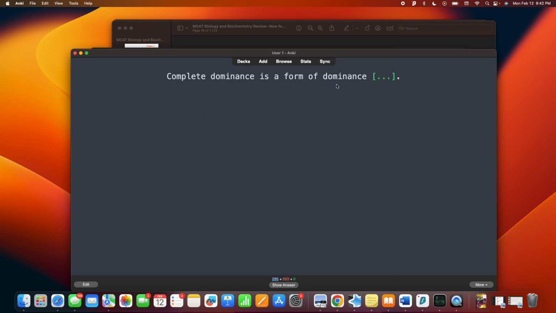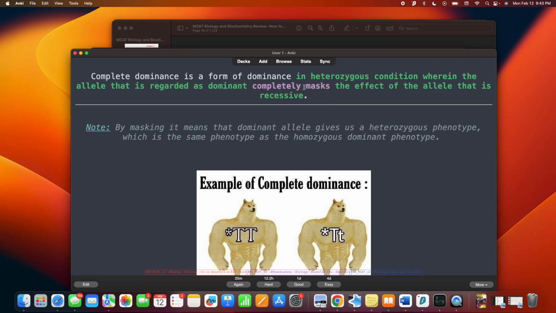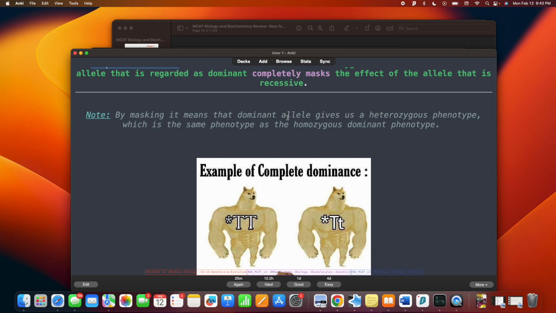Complete dominance is a form of dominance, in which the dominant allele, in the heterozygous condition, completely masks the effect of the allele that is recessive.